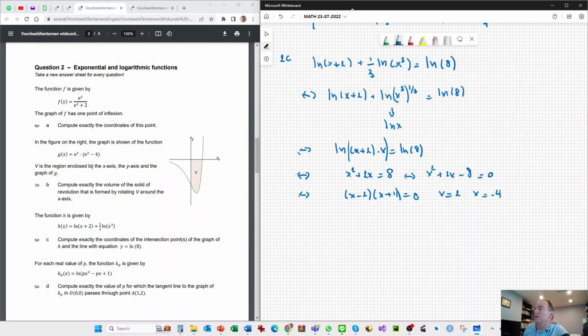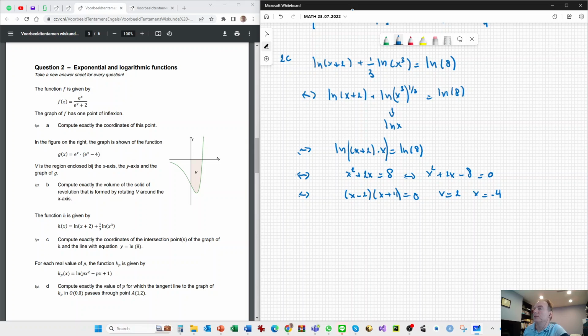Now, this is one check you need to make, that the argument of the logarithm has to be positive, which means we should rule out -4 here.